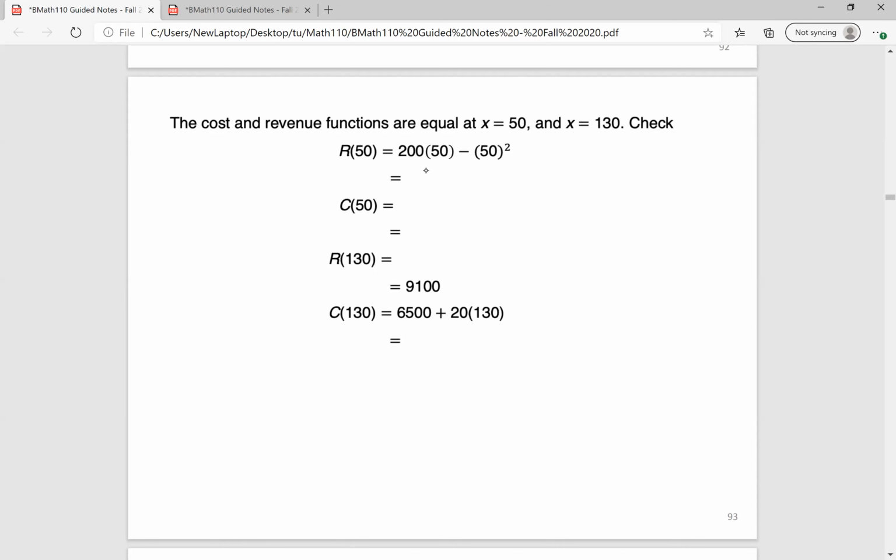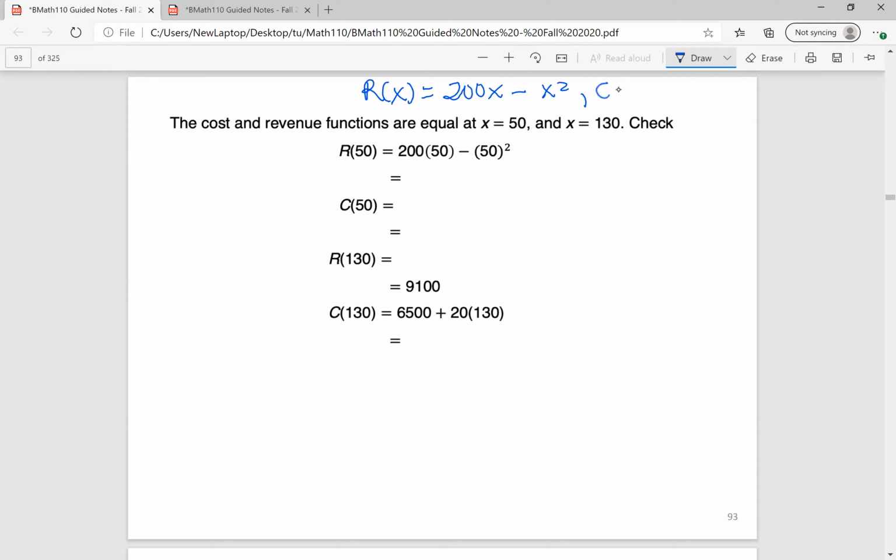I have to rewrite the revenue function, equal to 200x minus x squared, and for the cost it is 6,500 plus 20x.